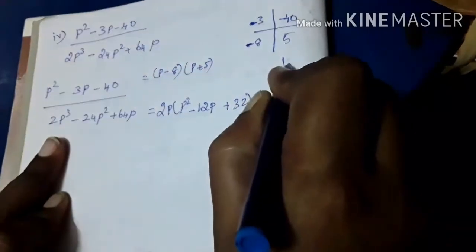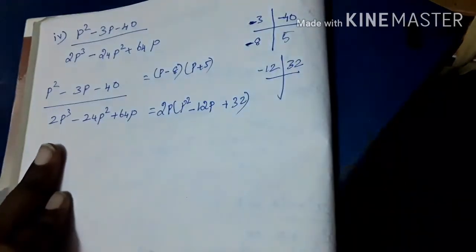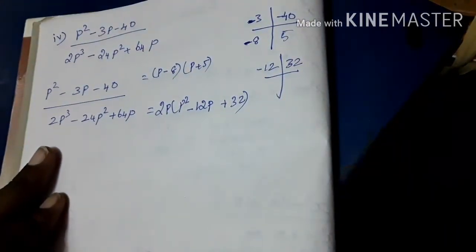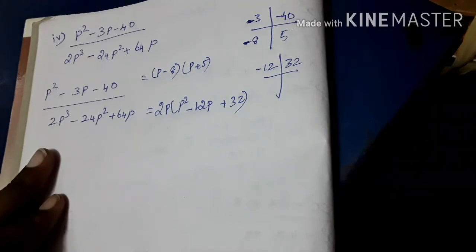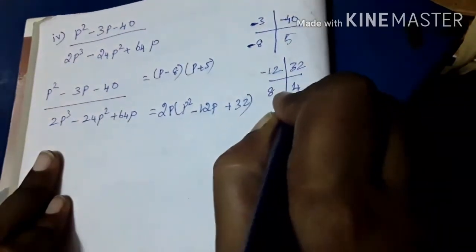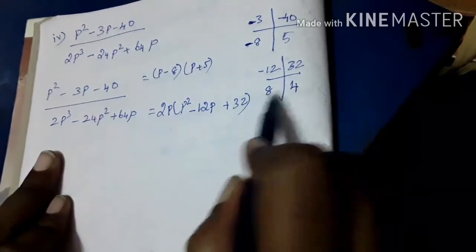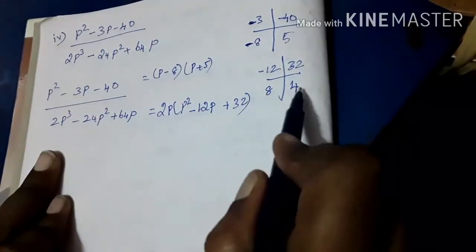Now we do the normal factorization. If we want the product, we want 32, and the sum minus 12. So what are the factors of 32? Yes, 8 4s are 32. We want the product plus, so we don't put any symbol, because 8 4s are 32.